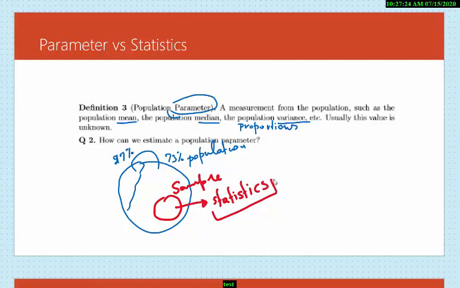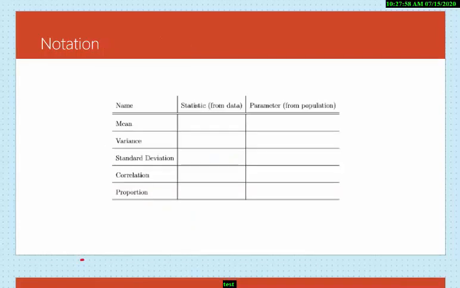This is what it is, a measure of a sample. So this is what a statistic is, a measure of something, mean, median, proportion, standard deviation of a sample, not of the entire population. So that's the difference between parameter and statistic.